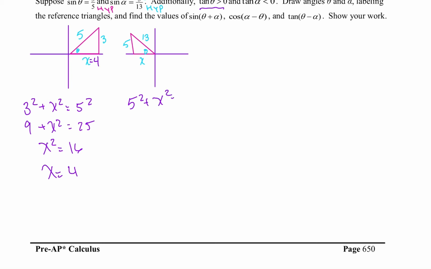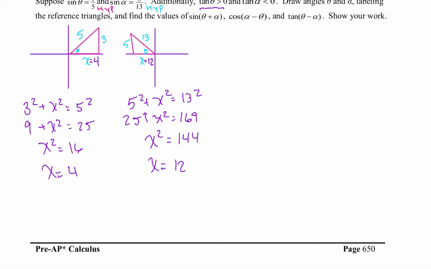Over in this other one, we've got 5 squared plus x squared equals 13 squared. So we get 25 plus x squared equals 169. When I subtract 25 from both sides, I get x squared equals 144. So x equals 12.